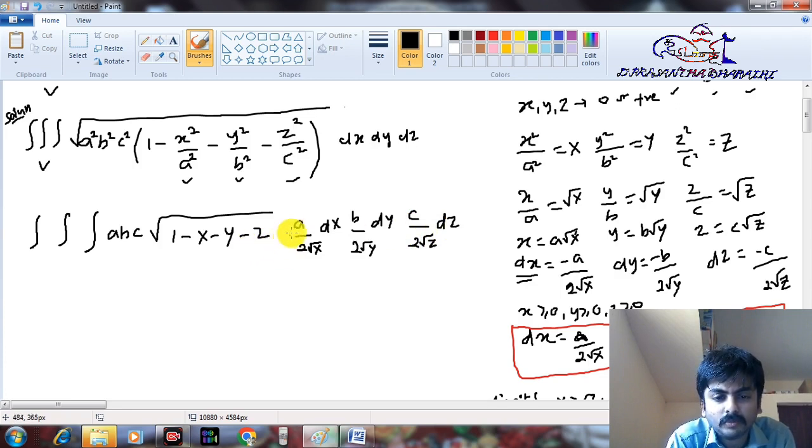Now I am having abc here also and here also. Both these things will be taken as abc the whole square, that is a square, b square and c square.